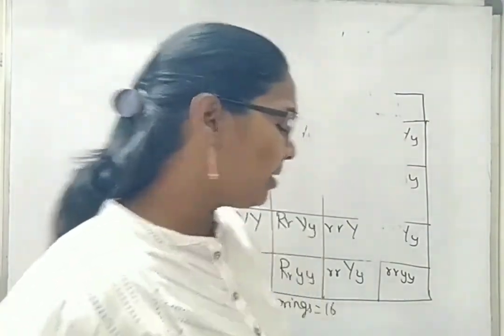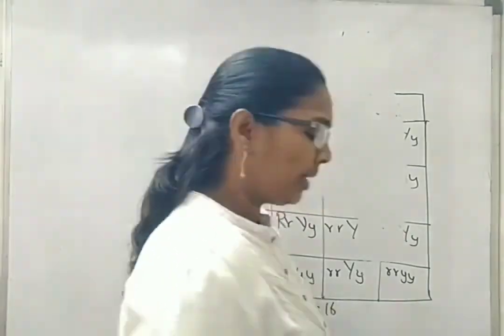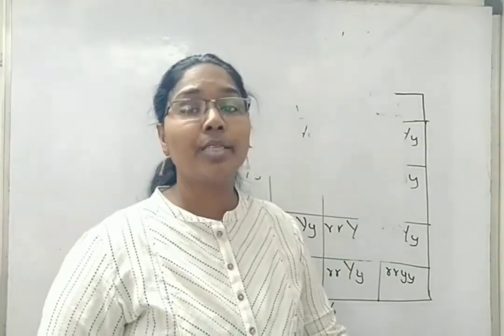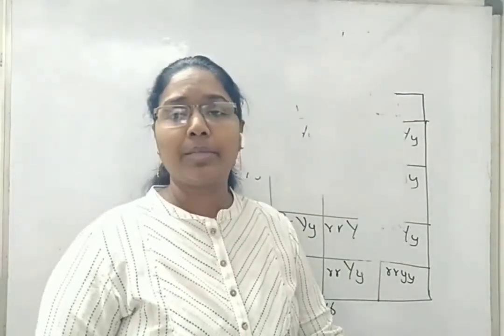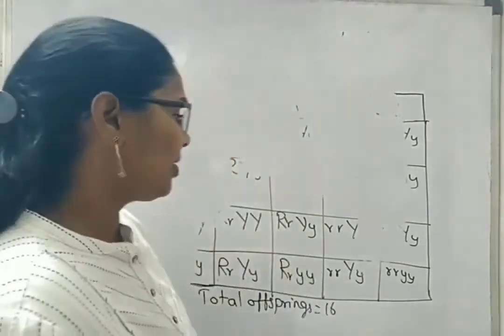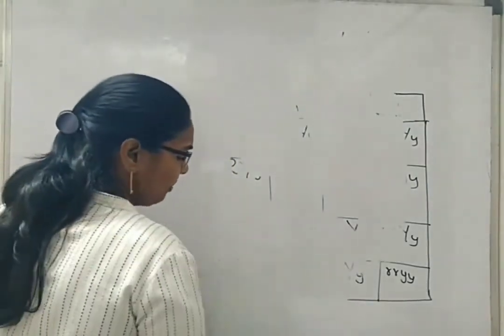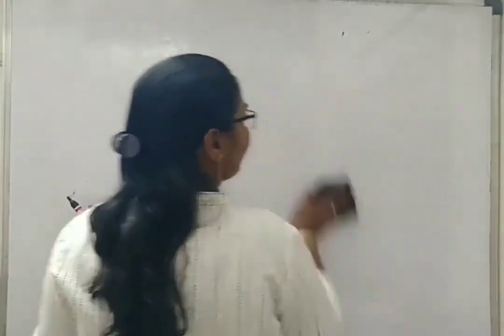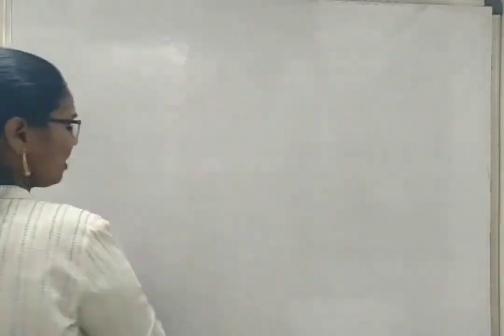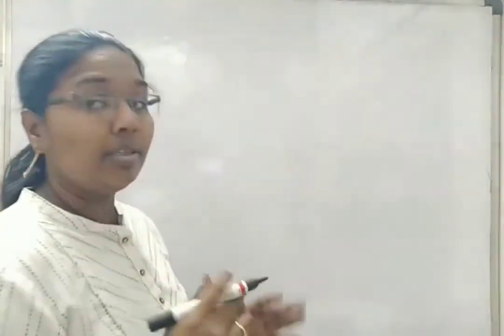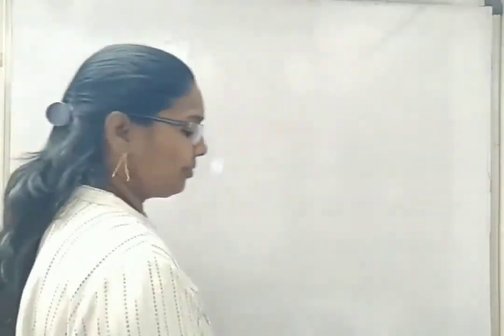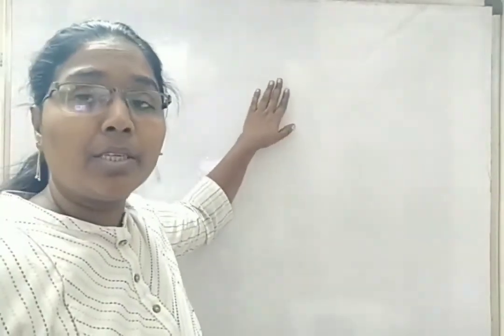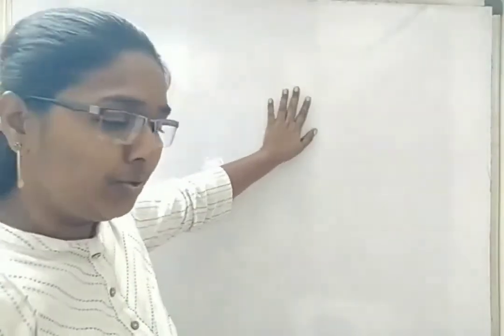Next, as this law is applicable only for the traits on different chromosomes, this law is not universally applicable, because we have seen some types of expressions in the F2 generation when self-crossing the F1 offsprings. Please learn these sentences for your MCQ statements also. That will be very much useful.